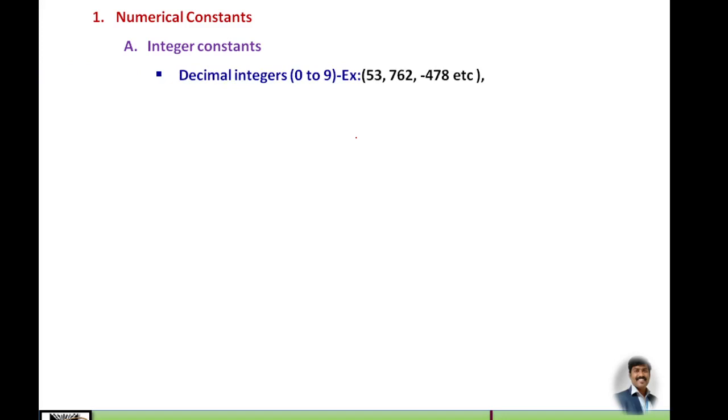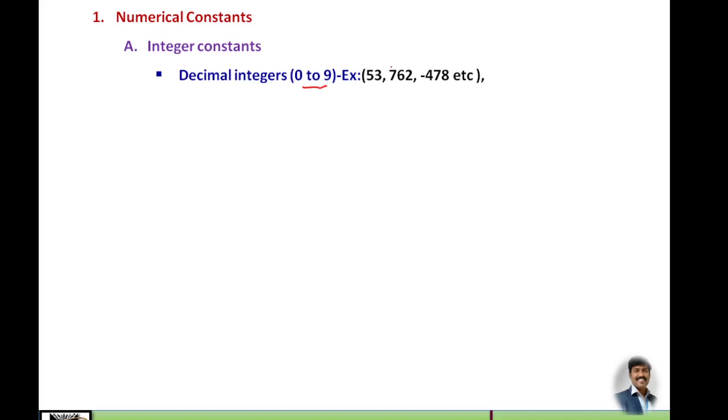We have decimal integer constants, which are represented using digits 0 to 9.